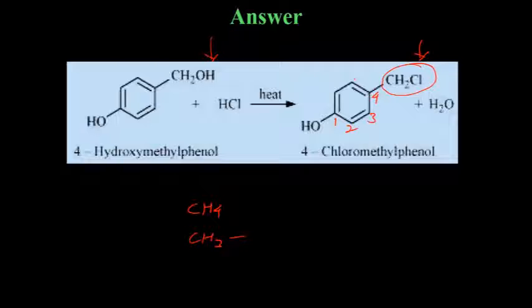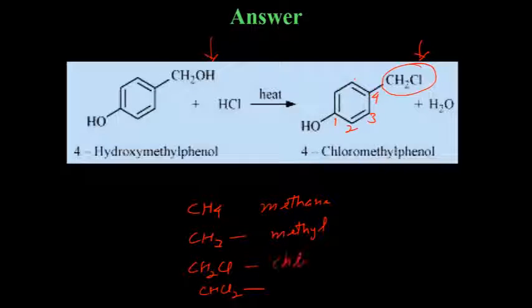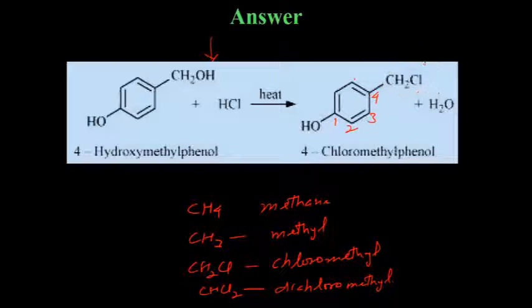CH3, it will be considered as methyl. CH2Cl, it will be considered as chloromethyl. CHCl2, it will be considered as dichloromethyl. Methane, methyl, chloromethyl. Chlorine replaced hydrogen. Now two chlorines replaced, dichloromethyl. So here it is CH2Cl. So that's why chloromethyl at fourth position.